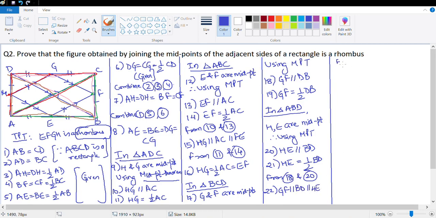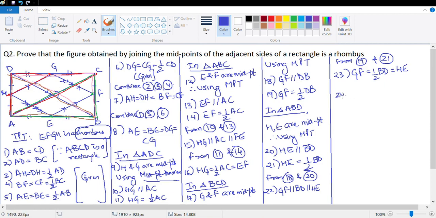And from 19 and 21, I get GF is equal to half BD, sorry, not BD, GF is equal to half BD, which is also equal to HE. So now I know that GF and HE are also equal. Now both pairs of opposite sides are equal and parallel. All I need to prove is that these sides are equal.